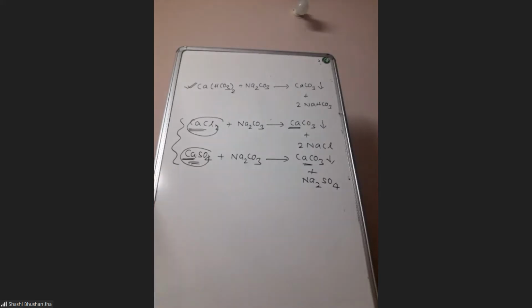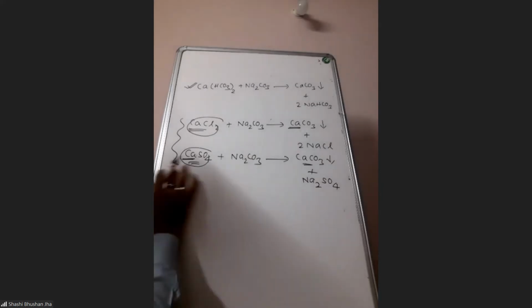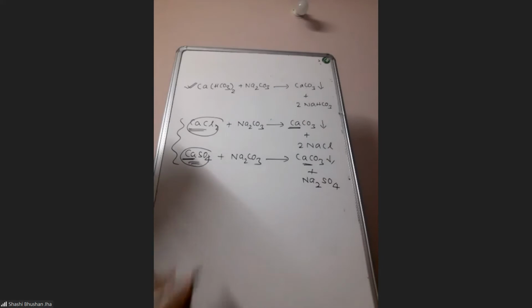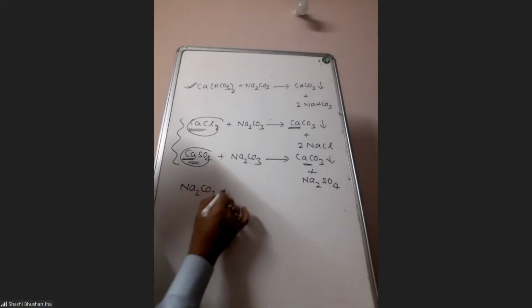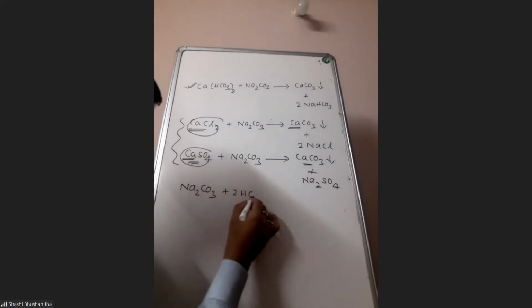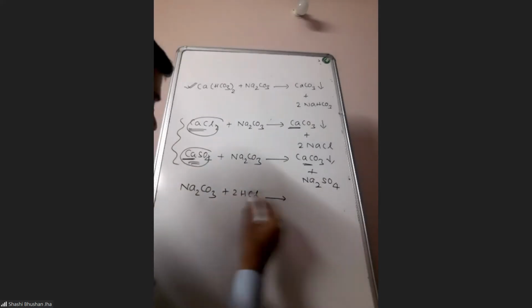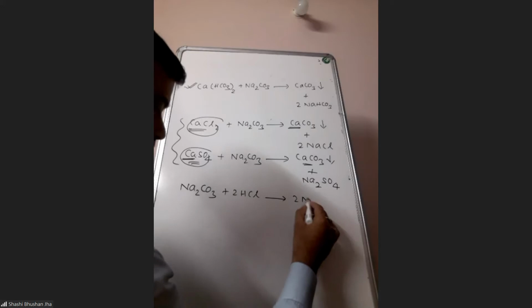So you calculate how many moles of sodium carbonate are left unreacted. The sodium carbonate is getting neutralized with HCl. The reaction is known to us.